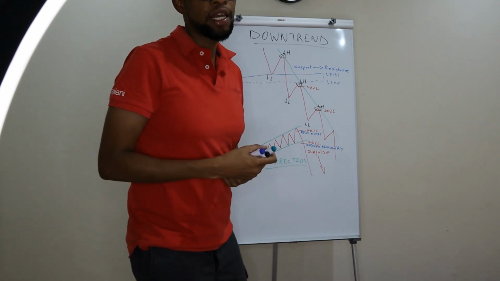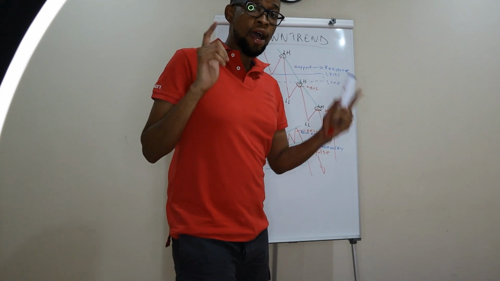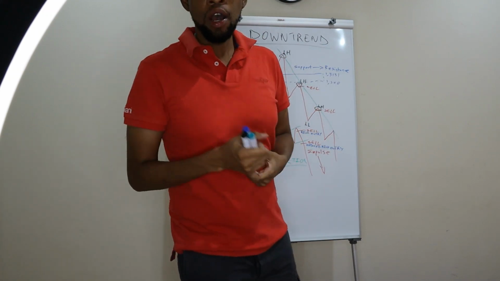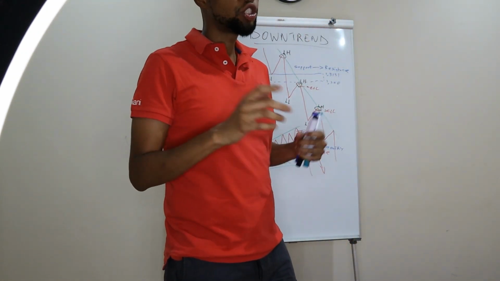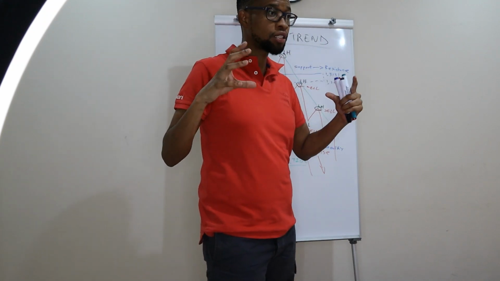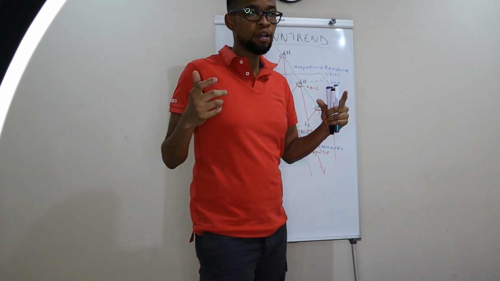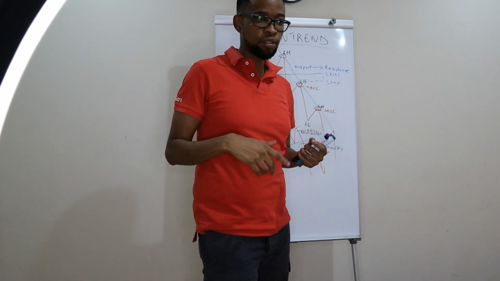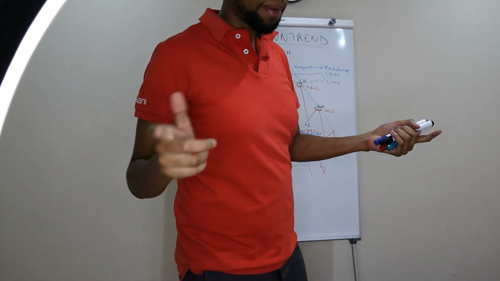Hope it is very much clear. You can be able to understand the differences between the two, uptrend and downtrend, and how to spot them. So now I'll be showing you how to spot a much more complicated one. Not really complicated, but it's a much more broad one that you are able to take both directions, uptrend and a downtrend, which is the sideways, which is when the market is ranging.